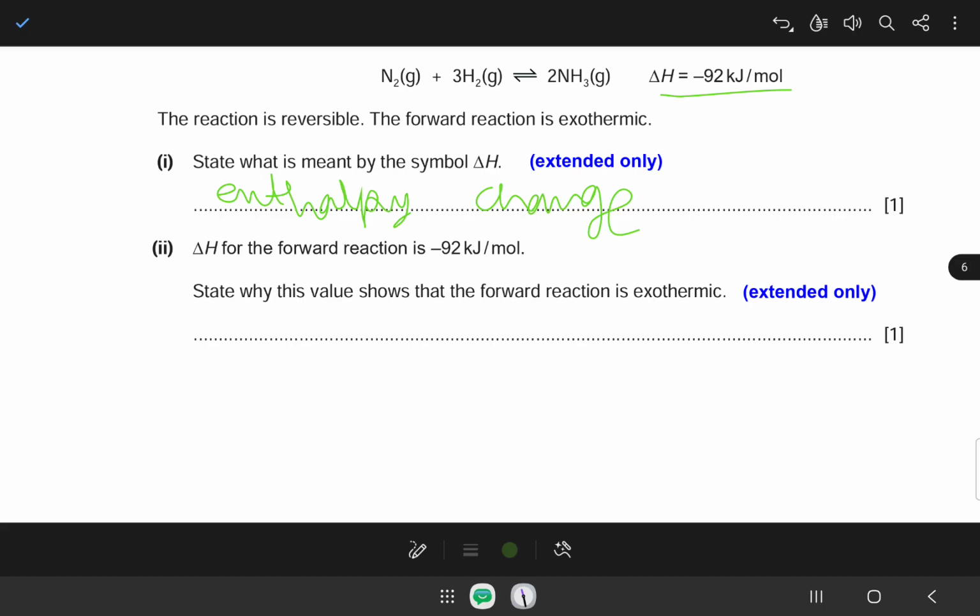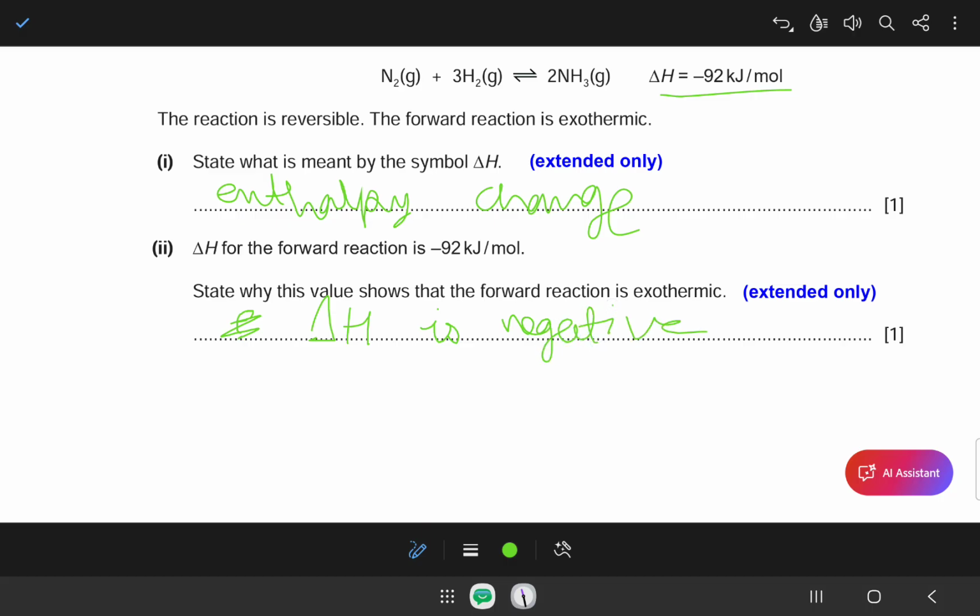So when the reaction is exothermic, delta H will always be negative because it's releasing heat. But when delta H is positive, that means it is endothermic because it's gaining heat. So we can just write delta H is negative.